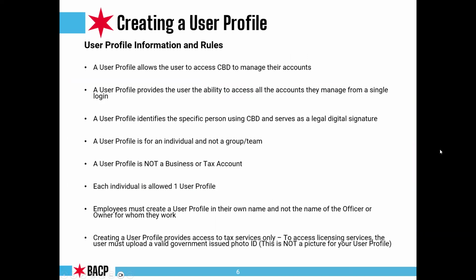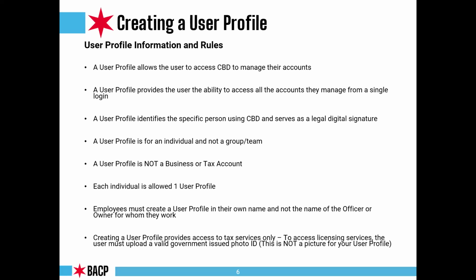So, a little information about what the user profile rules are and what information is gathered. The user profile allows you to access CBD to manage your accounts. The user profile provides the user the ability to access all the accounts they manage from a single login. It identifies the specific person who is using CBD and serves as a legal digital signature for that person.